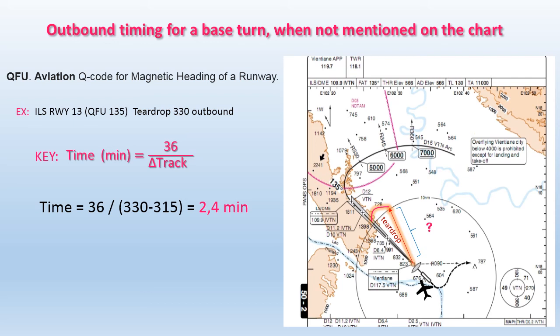Because we would like to know the angle of track, we should use the radial inbound and subtract the radial of the runway, that means 315, and then we apply it to the formula. So we got 2.4 minutes. That means the aircraft should fly over the station and outbound on track or heading 330 outbound, timing 2.4 minutes, and make a base turn left to join final.